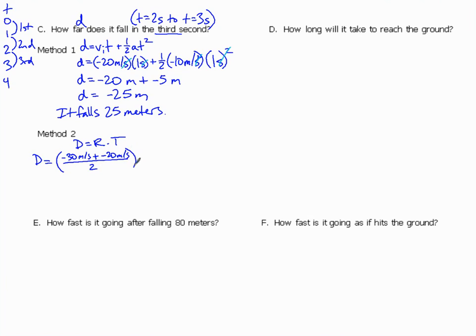Divide those by 2 gives us the average velocity, and it's over a time of 1 second. So distance equals negative 50 divided by 2, which is negative 25 meters. Seconds will cancel. And it works.